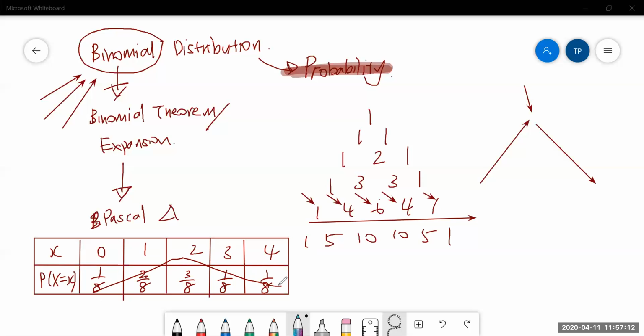This is just an example, although these two are equal. So we can say that this will be a binomial distribution. This is how it is going to look like. So this is just the overall concept of binomial distribution.